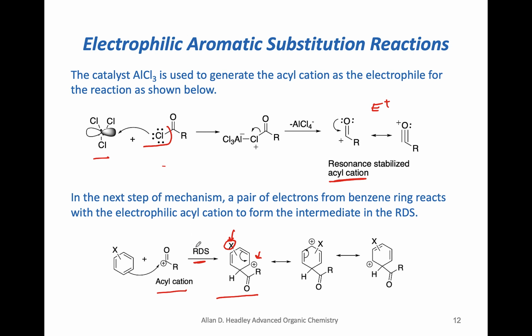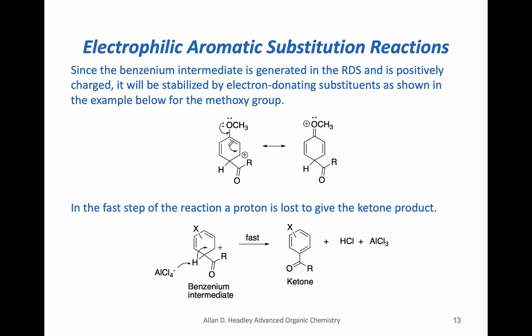On the other hand, if it were electron withdrawing, you could see that it will destabilize this, making the energy of activation for this RDS much higher and a slower overall reaction. So, as I've explained, a methoxy group, which is electron releasing, stabilizes this intermediate.